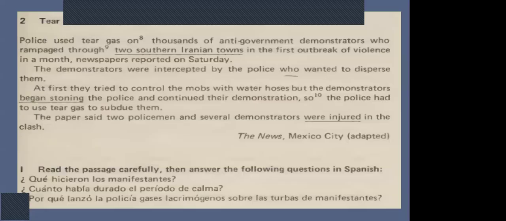Still, a less frequent meaning or synonym for rampage in Spanish is vandalizar. Exactly. Thank you very much for your insight.